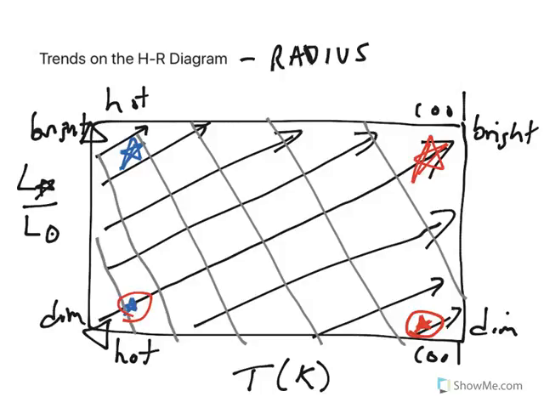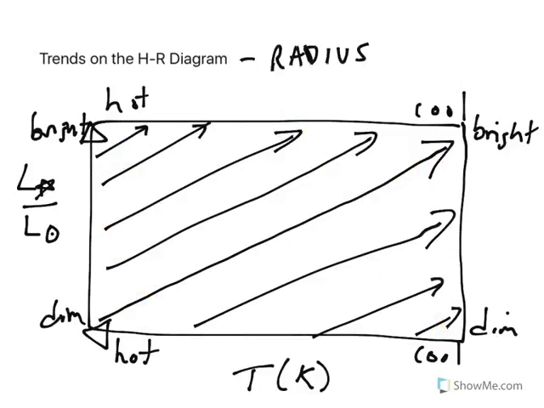Actually, let's take a look at where they appear in their lines. So here is the blue star, and the red star is more to the right. So the dim red star is actually larger than the dim blue star. Remember that everywhere on the HR diagram, radius increases to the upper right. And that finishes our third trend in radius.